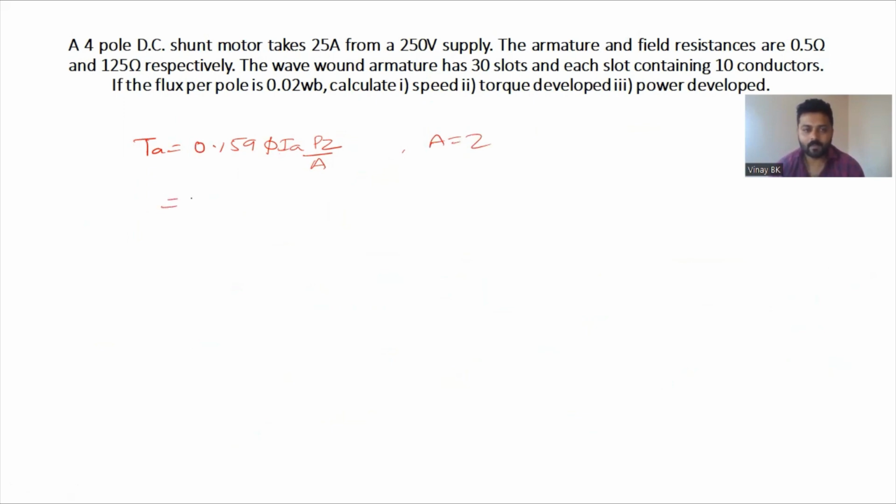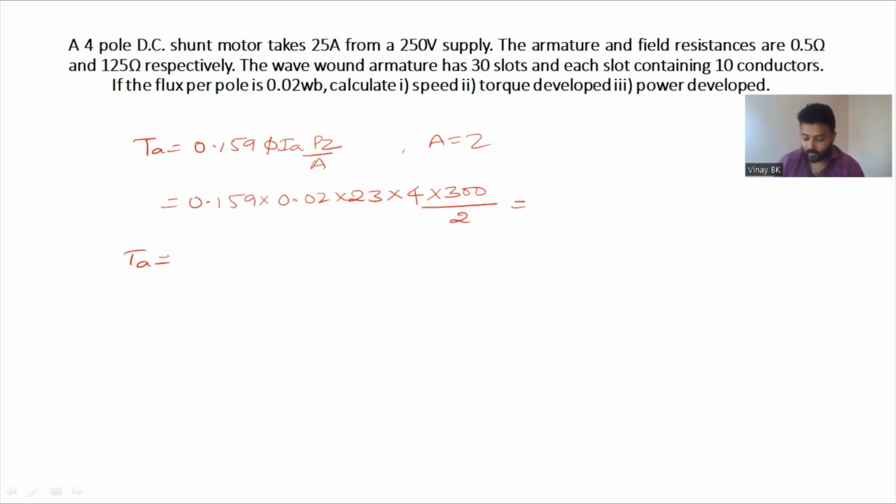So you can rewrite here 0.1595, phi they are given 0.02, IA we just calculated 23 amperes, P is 4, Z we just calculated 300, divided by A which is nothing but 2. You can get the value of armature torque TA.